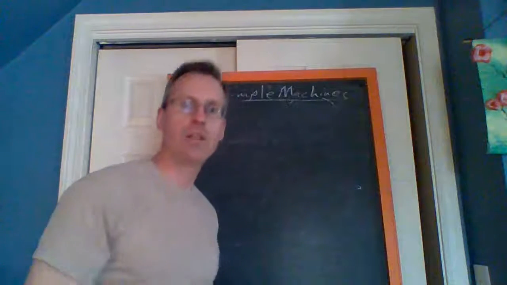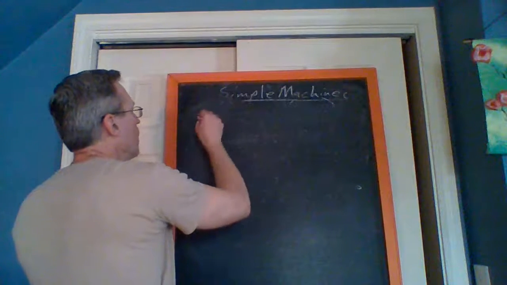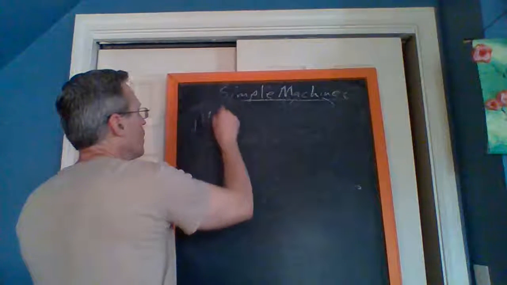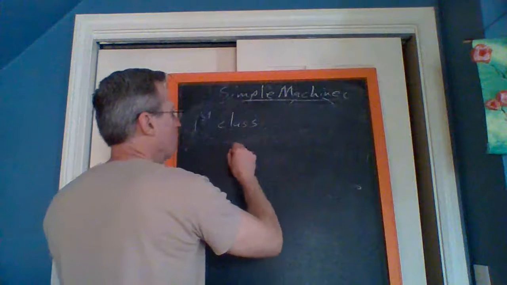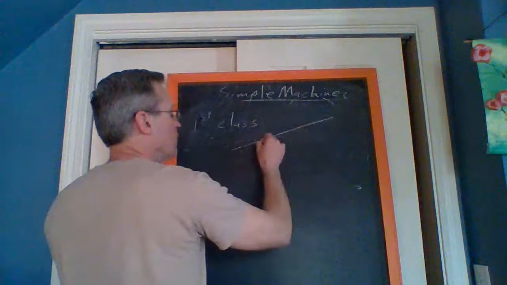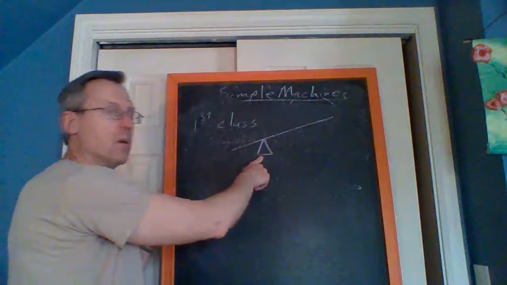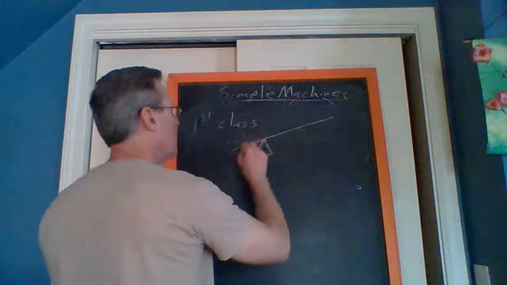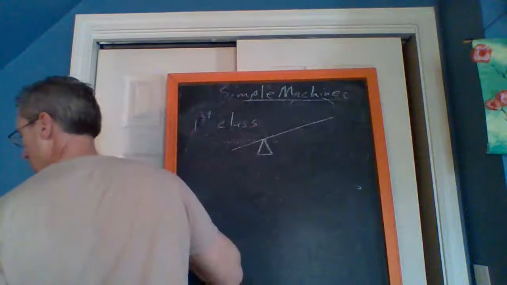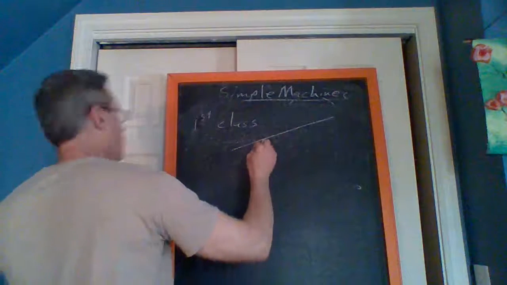There are 3 classes of levers. The first is a first class lever, and here's a diagram for it. If you took a stick and put a fulcrum under it, and this part right here is your effort arm.